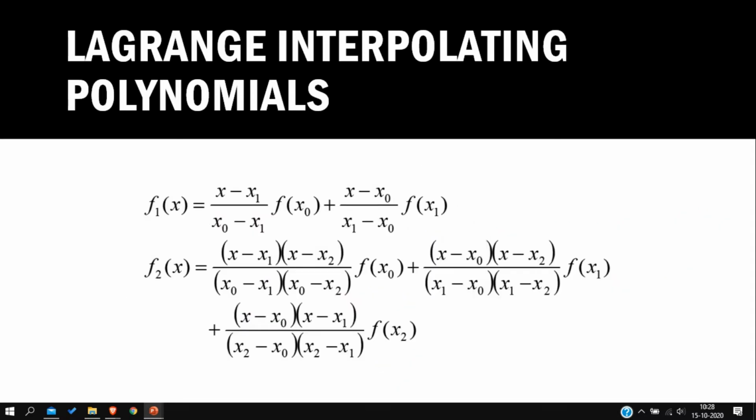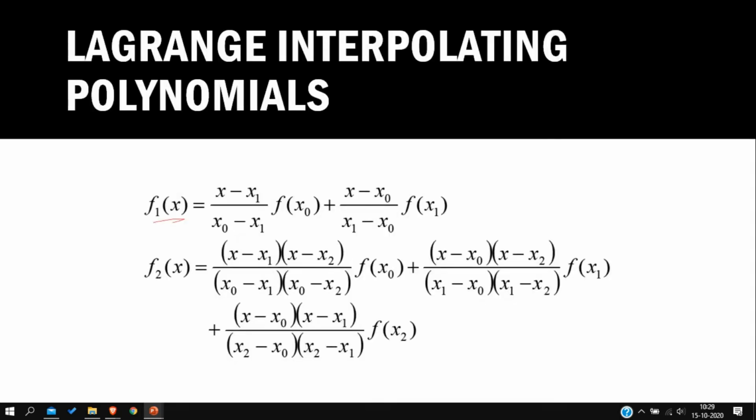Now likewise it is explained here. So for f1 of x, as we derived, it is x minus x1 divided by x0 minus x1, times f of x0, plus x minus x0 divided by x1 minus x0, times f of x1. Then f2 of x is x minus x1 into x minus x2 divided by x0 minus x1, x0 minus x2, times f of x0, plus and so on.